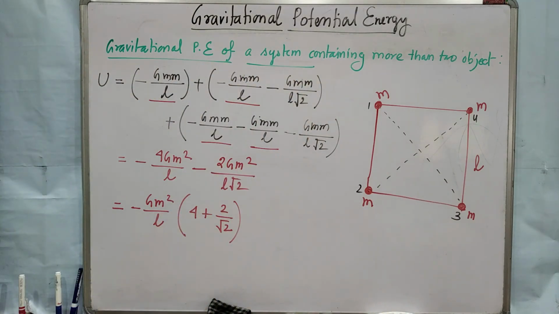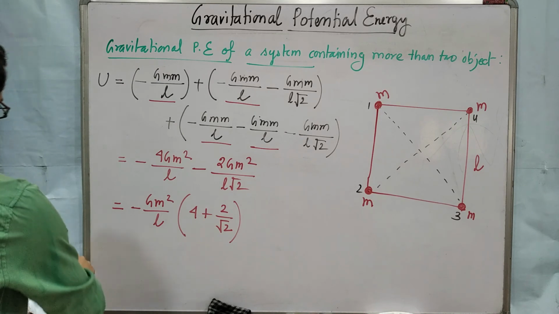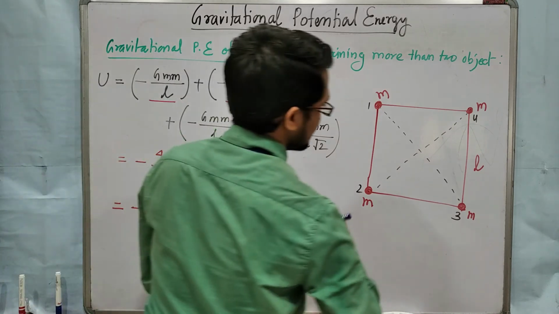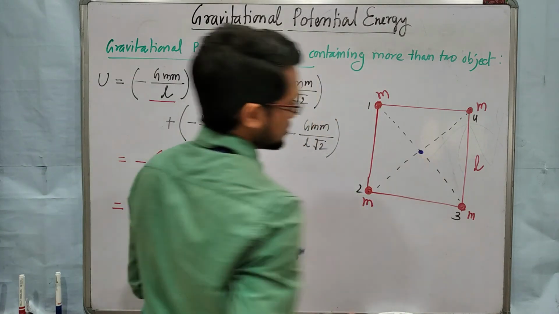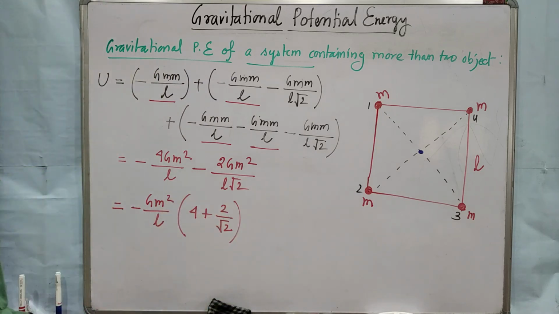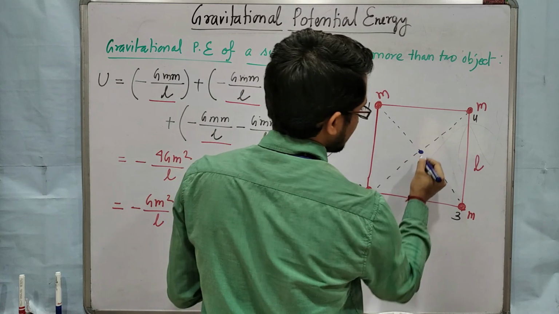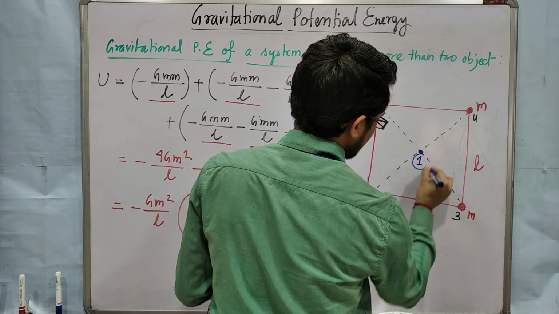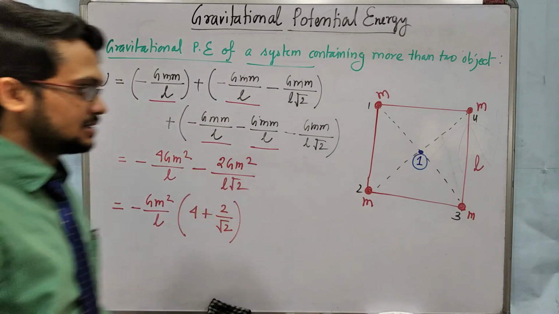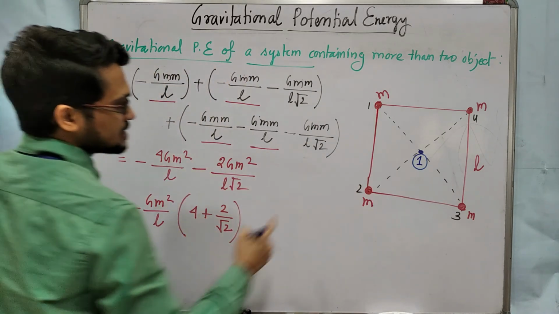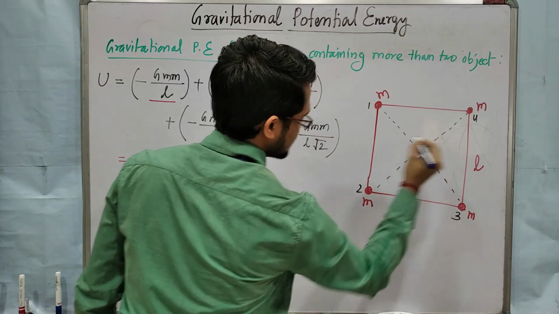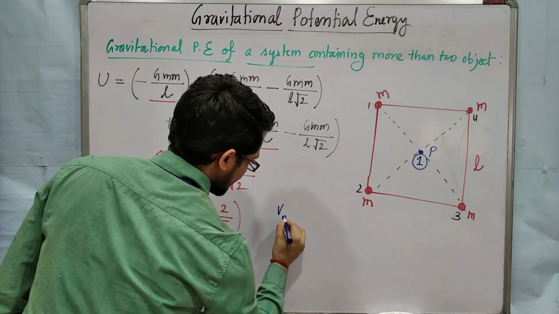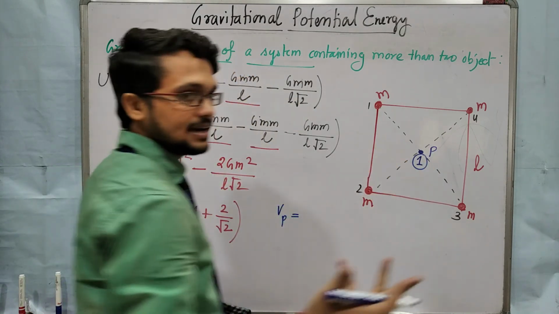Okay, clear? Now suppose you are asked to find the potential only at the center of the square. To find the potential, not potential energy, to find the potential. Potential at the center means at this point we will put unit mass. So the potential at this point, suppose Vp, will be added only.